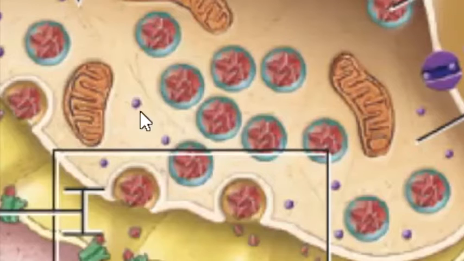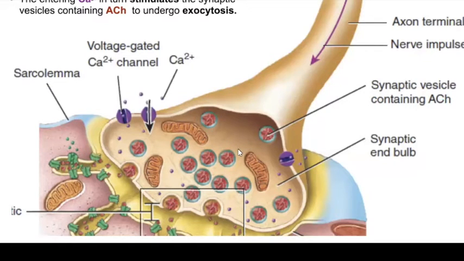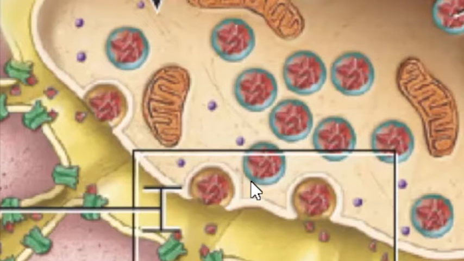So you have all these synaptic vesicles loaded up in here. They're just waiting to go. And calcium is the signal for them to fuse to the synaptic end bulb membrane over here, as exocytosis does, fuse with it and release their contents, the acetylcholine, into the synaptic cleft.